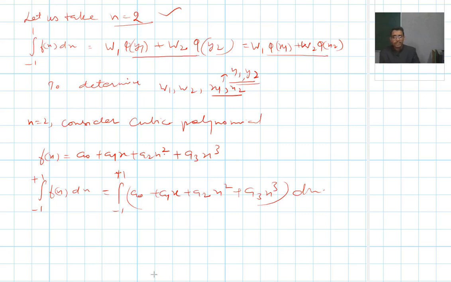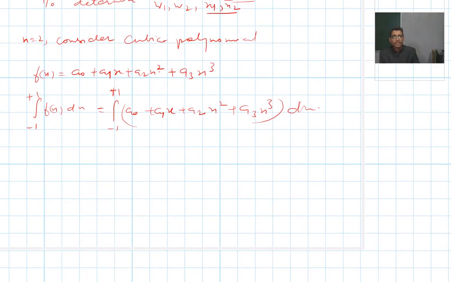And let us evaluate its integral. When we evaluate its integral, it becomes a0 x plus a1x square by 2 plus a2x cube by 3 plus a3x to the 4 by 4, with limits -1 to +1. That's what we are getting here.